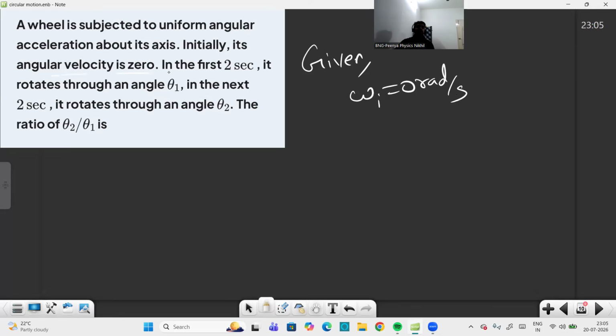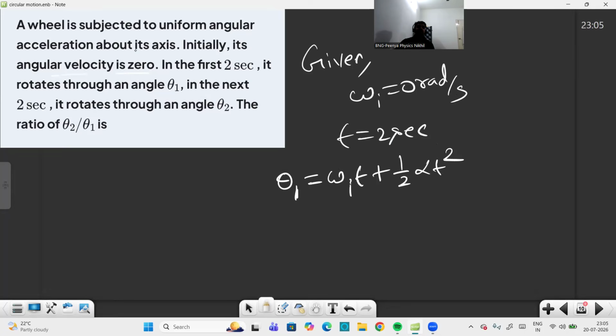Now what is given? That in first 2 seconds, right? So t equals to 2 seconds. In t equals to 2 seconds, it rotates through an angle theta 1. So we have to find theta 1, and time is given first 2 seconds. Then theta equals to what? We will write the formula. Theta equals to omega initial into t plus half alpha t square.